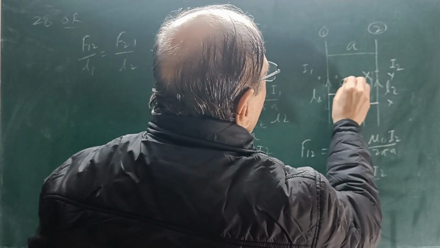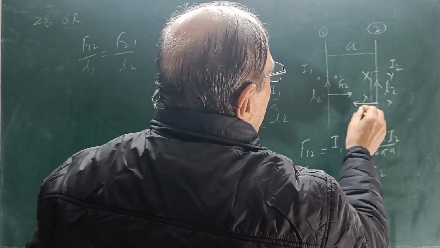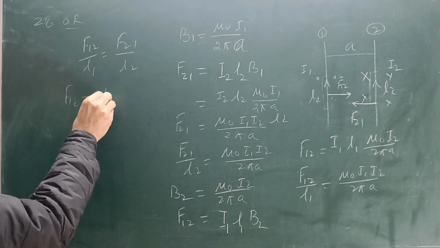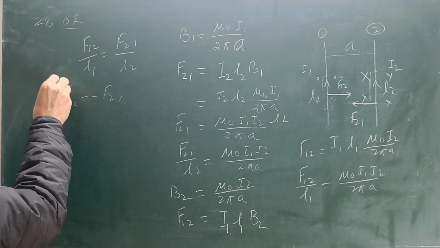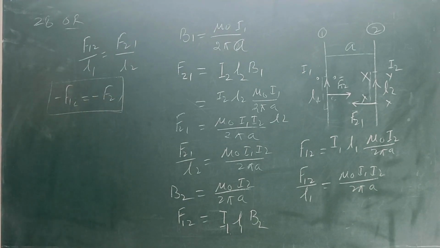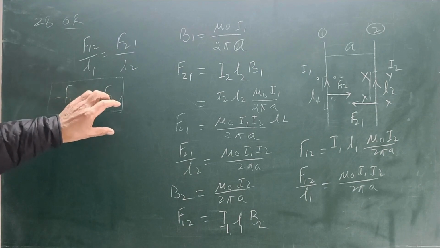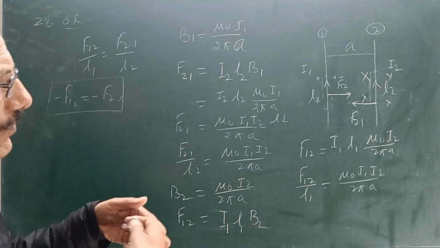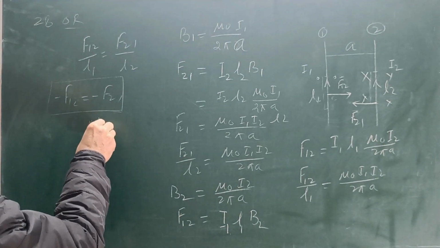So this will be the force on 1 due to 2. So they are equal. F12 is equal to F21 but in opposite direction per unit length. So they are equal and opposite. So the direction is inward, and an attractive force is there.